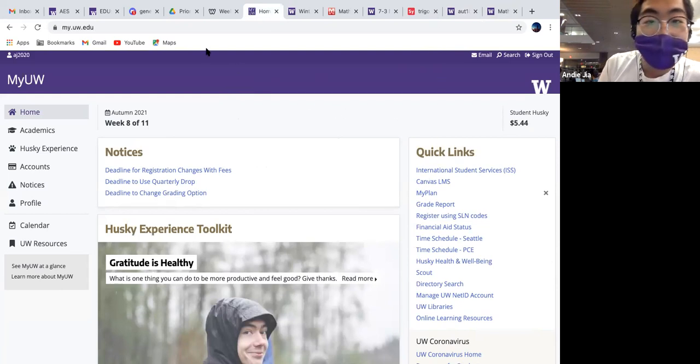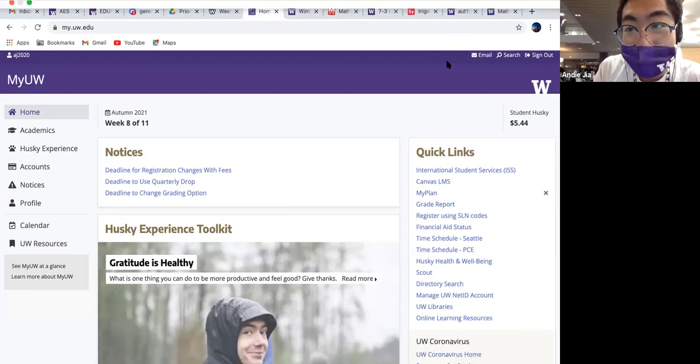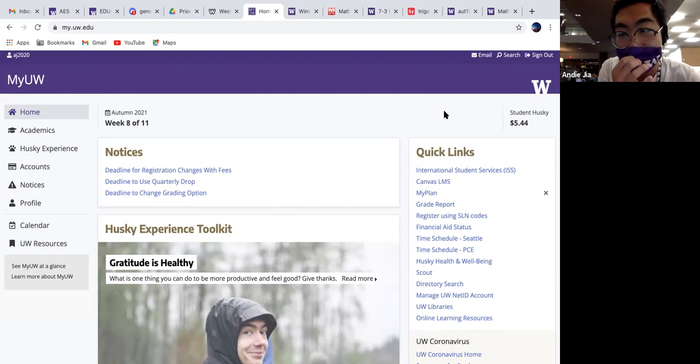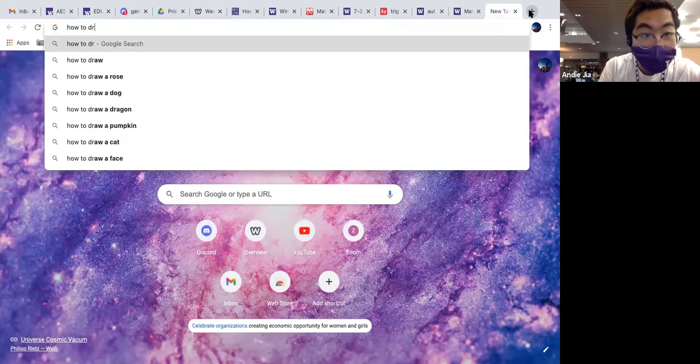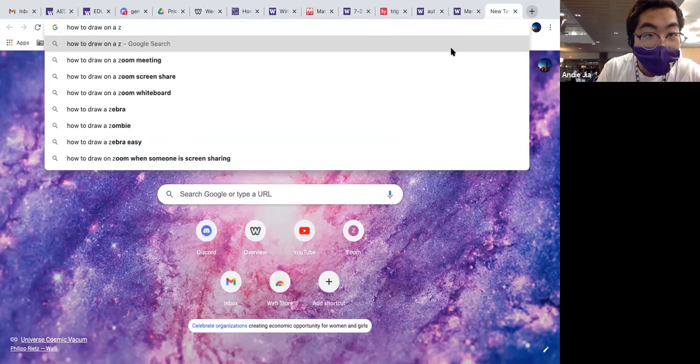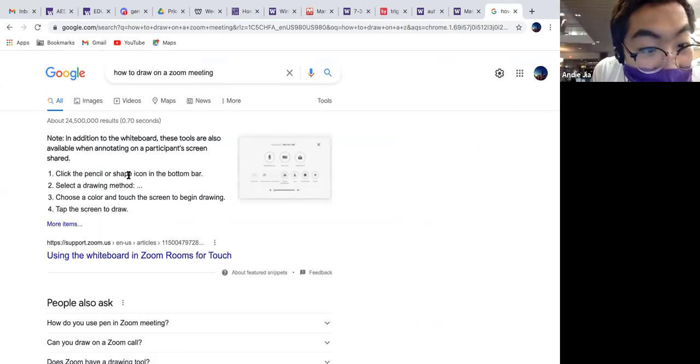Okay, I will see if I can do some painting on the Zoom. Just let me Google it. How to click the pencil shape on it.